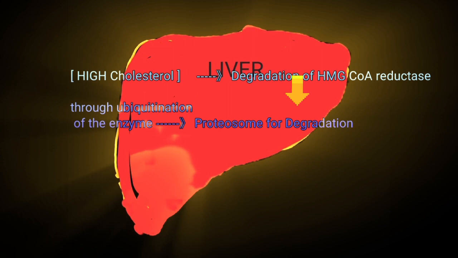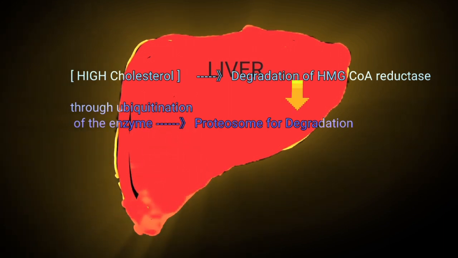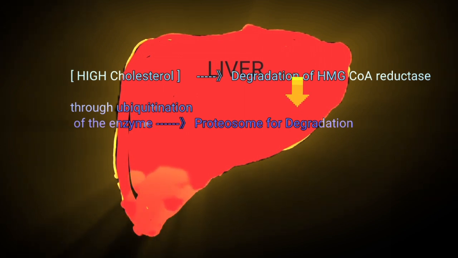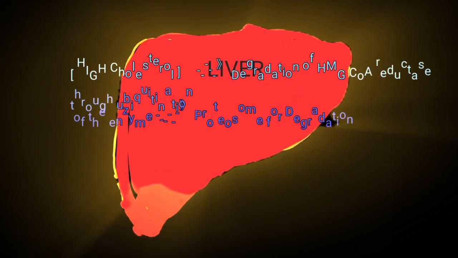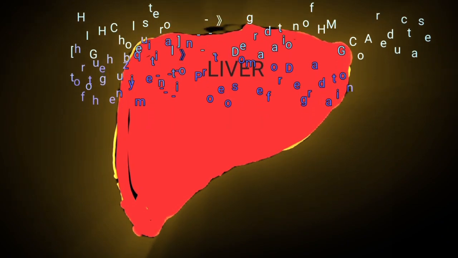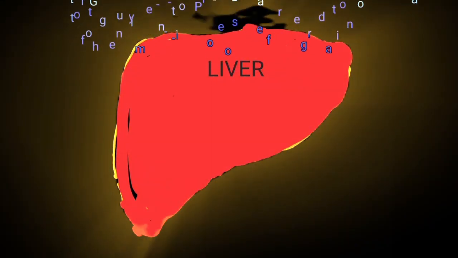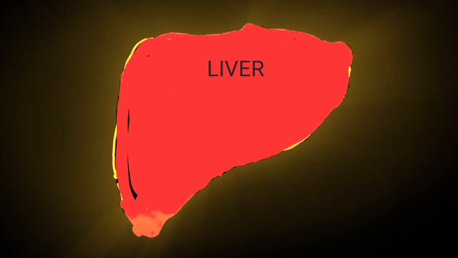High intracellular cholesterol concentrations will promote the ubiquitination of HMG CoA reductase, which is an important signal to send HMG CoA reductase to the proteasome, where it will be degraded, and as such it will be removed from the cytoplasm of hepatocytes, resulting in decreased cholesterol biosynthesis.